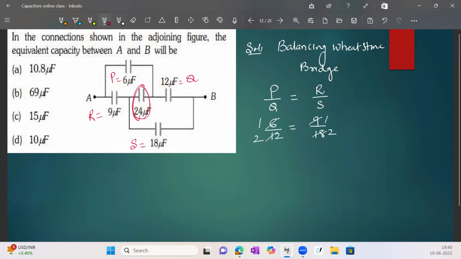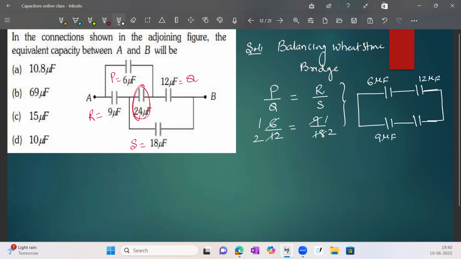Now this diagram will change like this. This is 6 microfarad, this is 12 microfarad, this is 9 microfarad, and this is 18 microfarad. Now these two are connected in series.